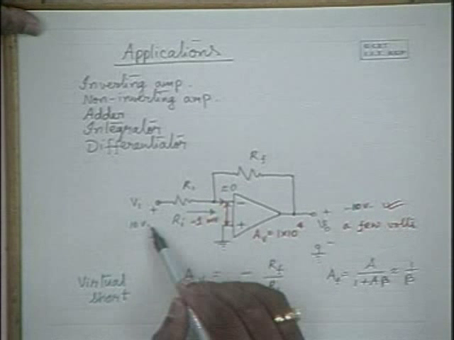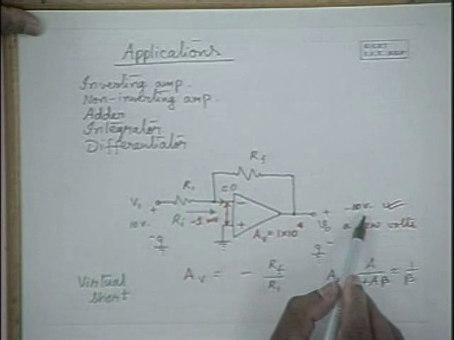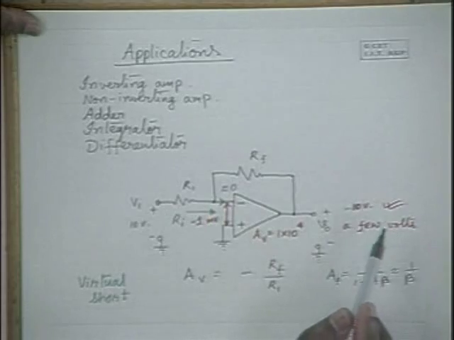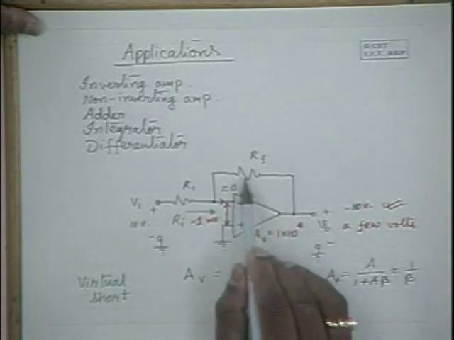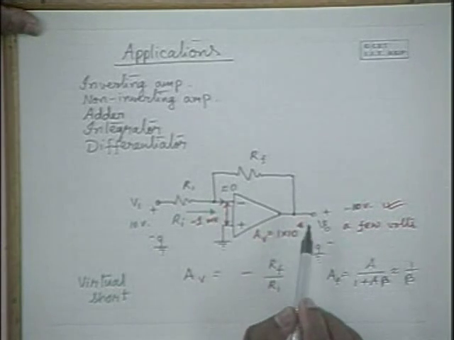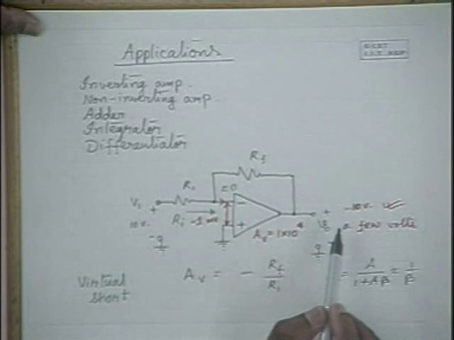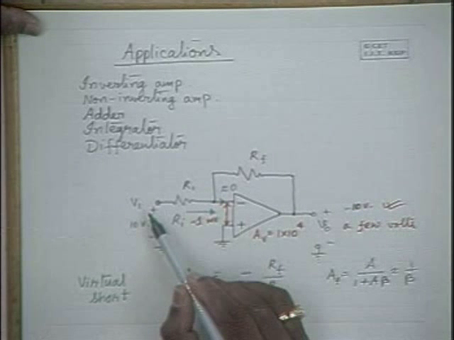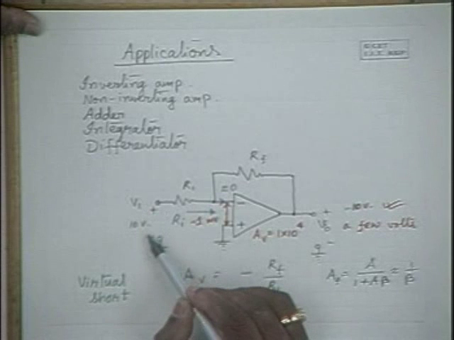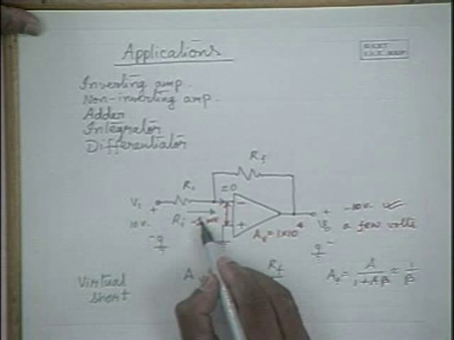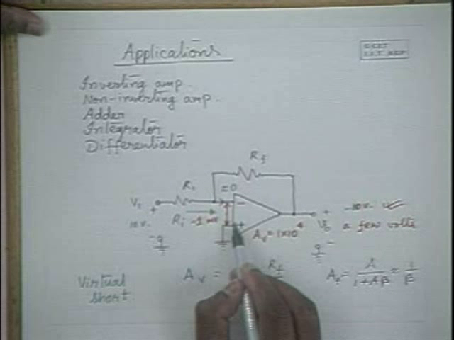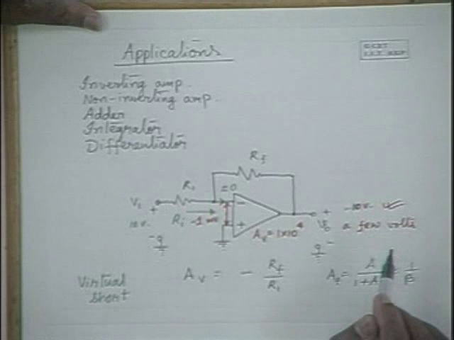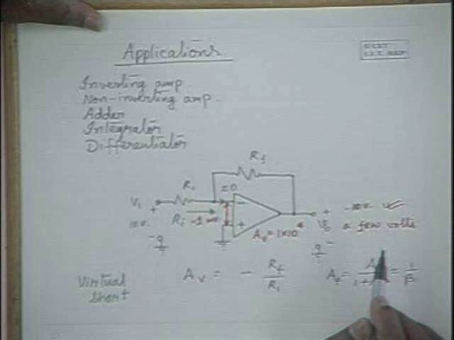Without feedback, with 10 volts, it would have been 10 to the power of 5 volts, and the output would have been distorted. And because the amplifier has a high gain, and because of the feedback, this voltage is getting fed back onto this side, and effectively the feedback voltage is reducing the input voltage, and it is maintaining a difference of about 1 millivolt that is required for the output to be minus 10 volts.